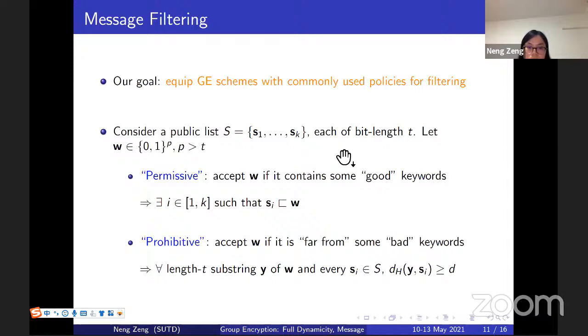Depending on the interest and the needs of the organization, all these keywords Si could be some good keywords or some bad keywords.